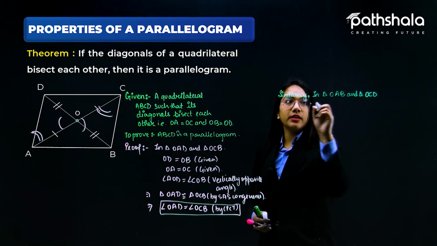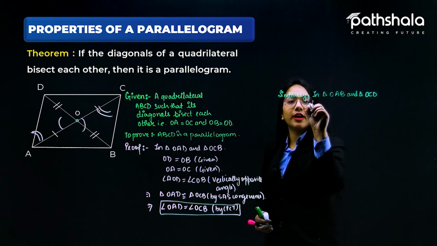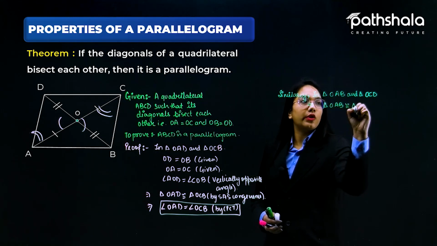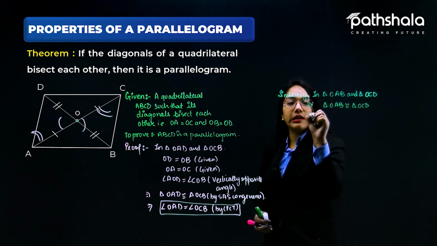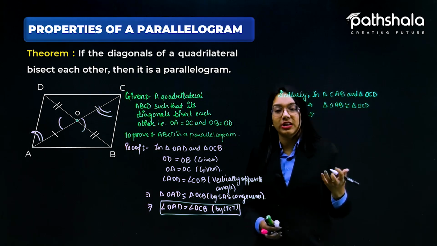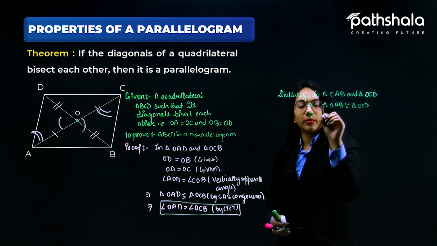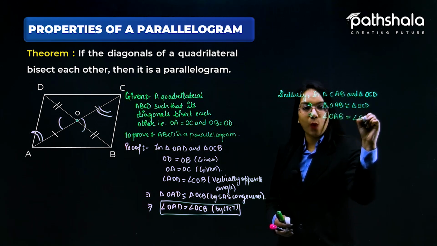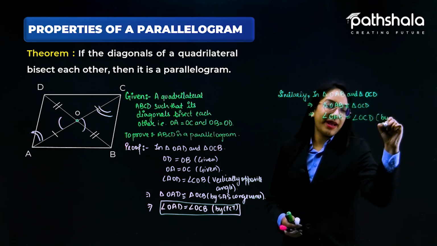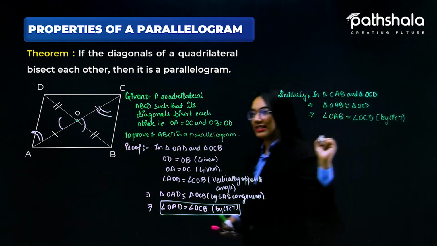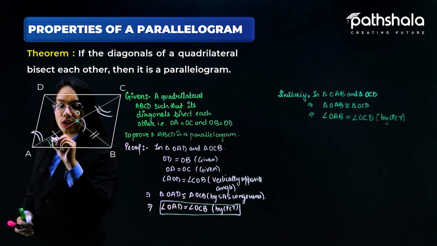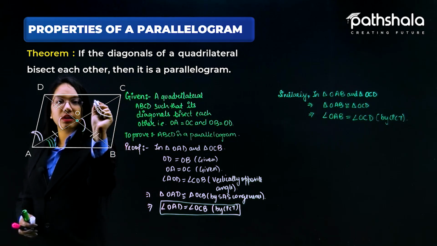It implies that triangle OAB is congruent to triangle OCD, and if they are congruent, then we can prove that angle OAB should be equal to angle OCD, again by CPCT. This angle is equal to this angle. I can prove this again.